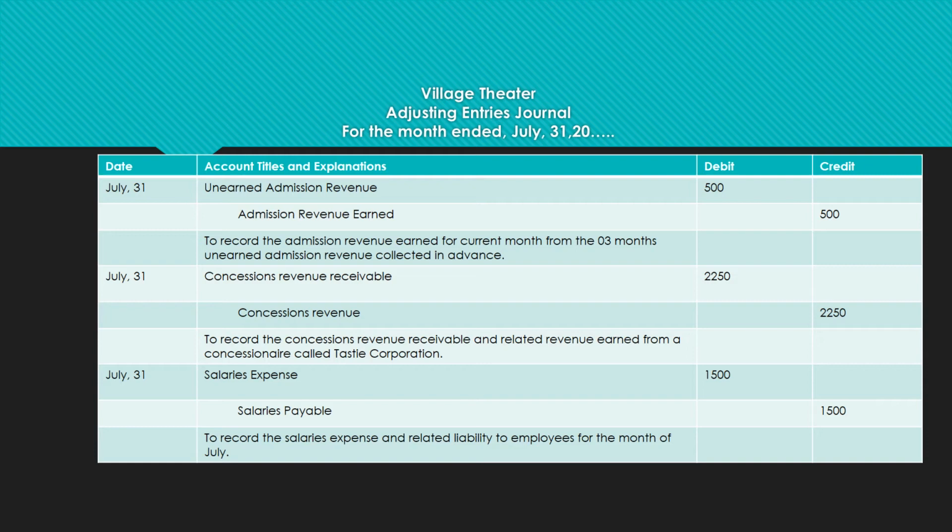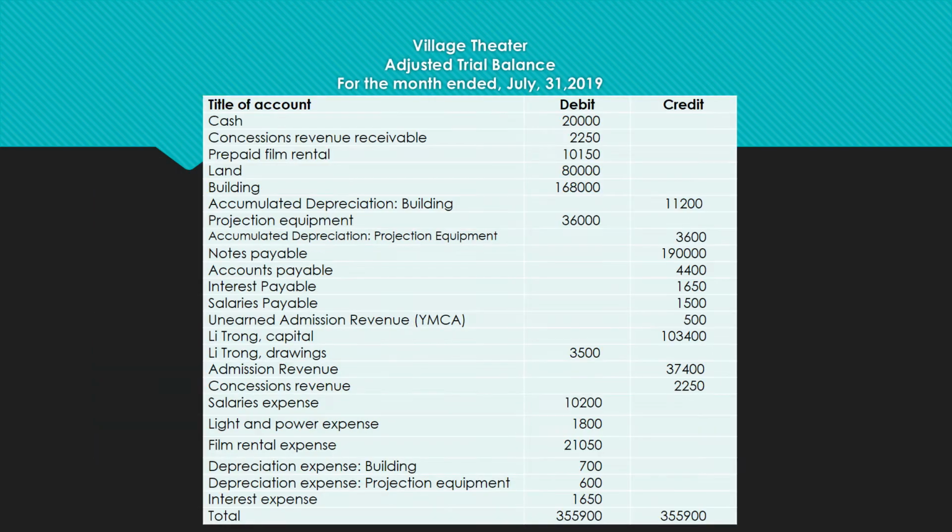Now we will merge all these adjusting entries with the already given trial balance of Village Theatre in the problem in question, and we will prepare a new trial balance that will be called the adjusted trial balance. Now this is the adjusted trial balance of Village Theatre for the month ended July 31st, 2019.